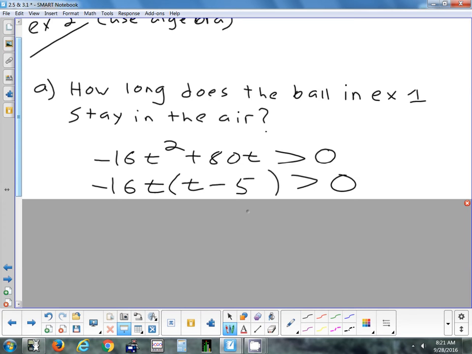Okay, so you've got two different factors here. You've got this one, and you've got this one. I want to know when the product of these two things is greater than 0. Okay, any thoughts here about that?